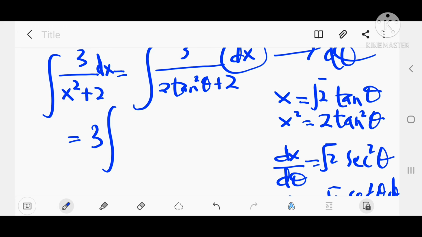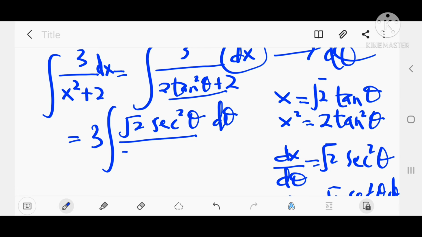Our dx is square root of 2 sec square theta d theta, on, and we can factorize the denominator: 2 bracket open tan square theta plus 1.